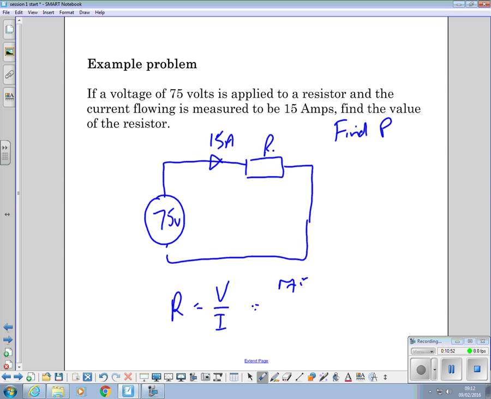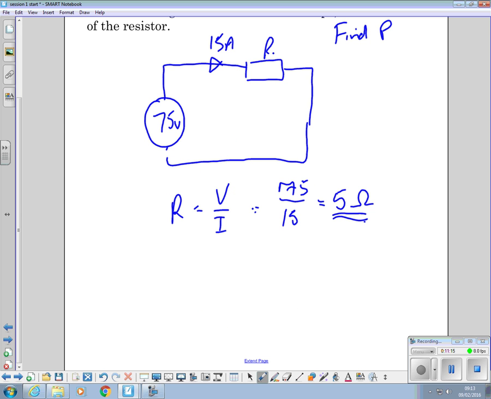75 divided by 15 is, sorry, 5. Always put the units, you'll lose marks in the exam if you miss the units off. Not many people did this year, I noticed in the exams that I looked at, but you must include the units. And then the power, which formula would you use?